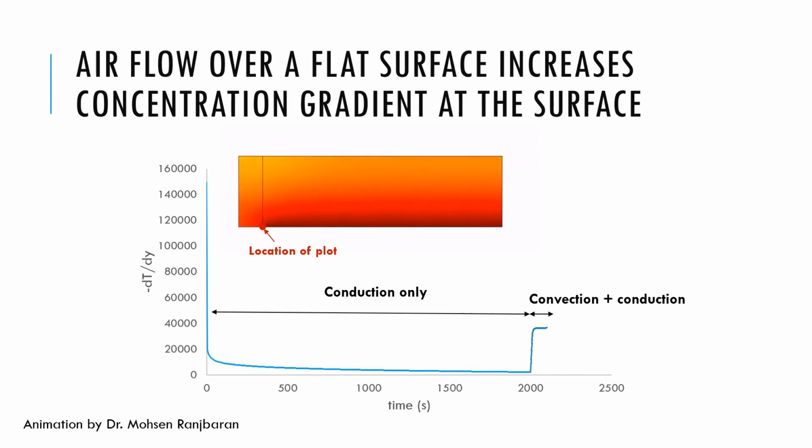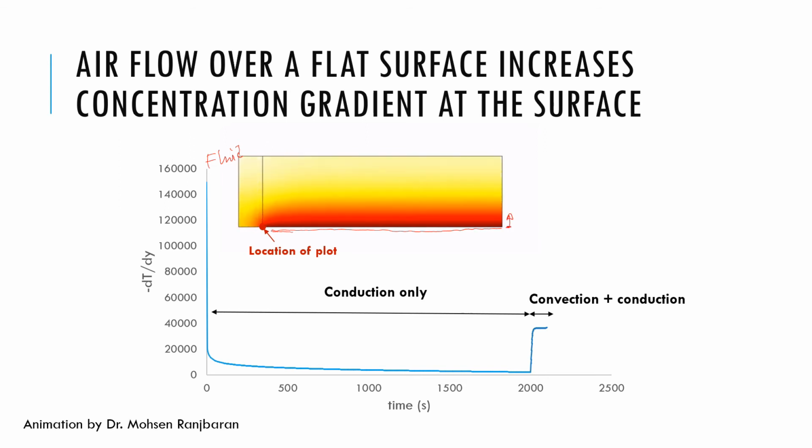So if we have a hot surface here and a cold fluid here, the hot surface starts to heat up. Initially, right then, there is a large gradient between the surface and the fluid.